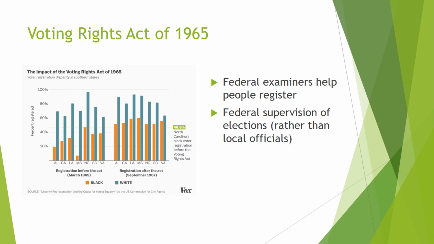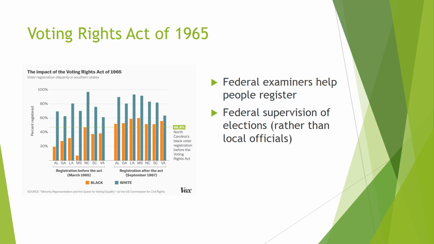And so the Voting Rights Act of 1965 is designed to change this. And it does two very important things. First, it requires federal examiners to help people register to vote, rather than having local or state officials do this. And then second, federal supervision of elections, again, rather than local officials. And then after the Voting Rights Act of 1965, take a look at the right-hand side of the chart and take a look again at Mississippi.